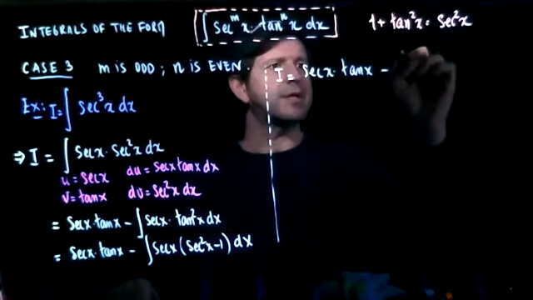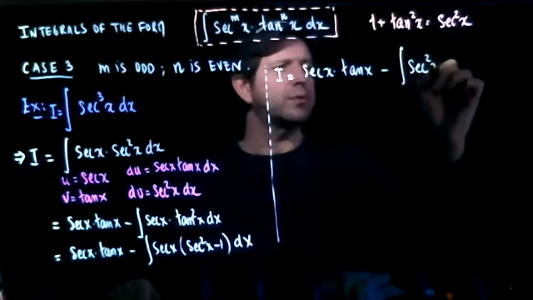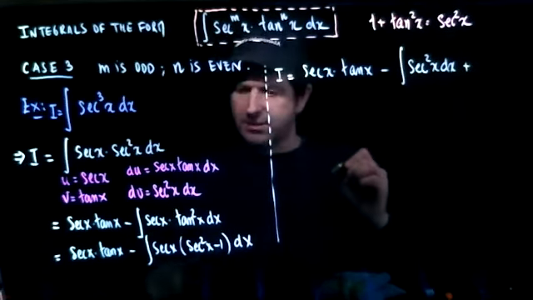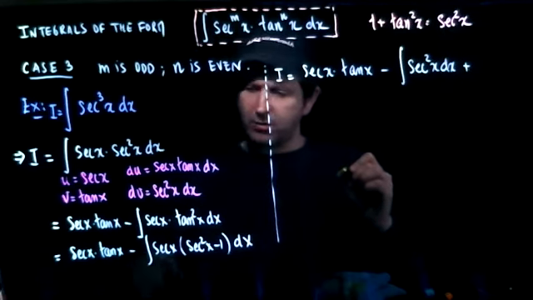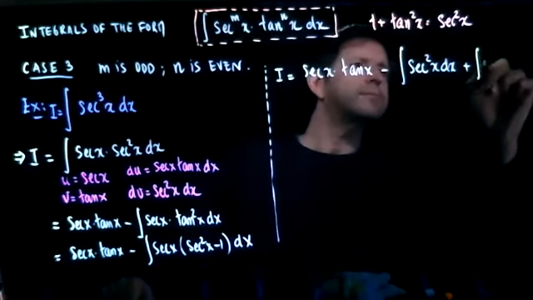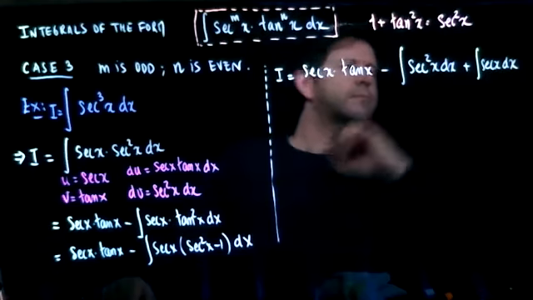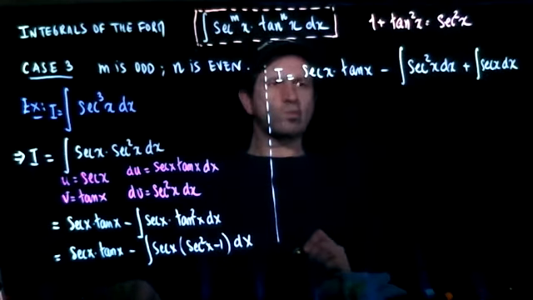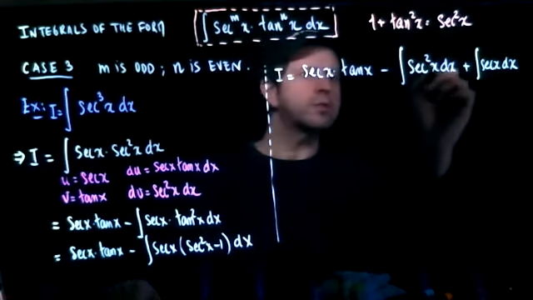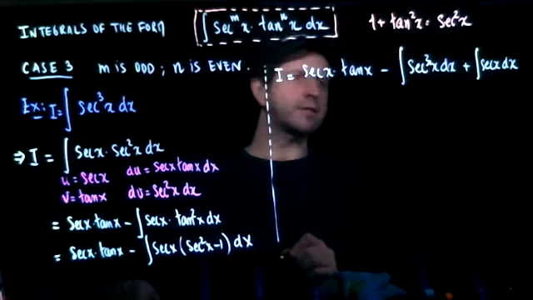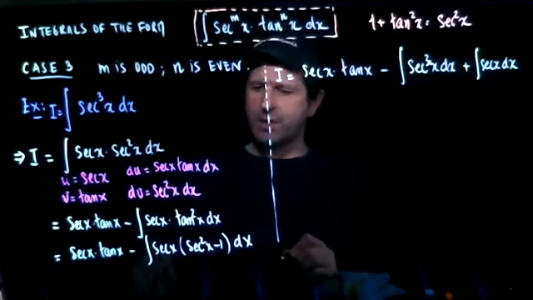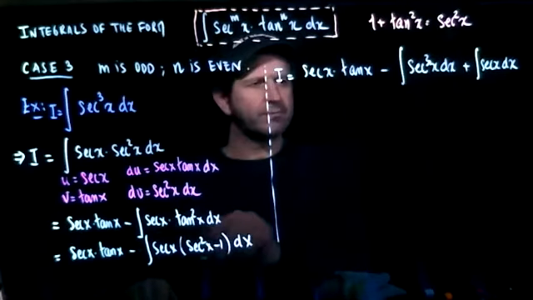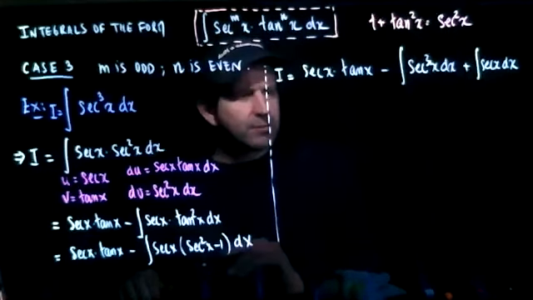I will have the integral of secant cubed x dx plus the integral of secant. It's cubed, not squared, excuse me. You're right, I said cubed, I wrote squared. It's plus because of this minus here on the bottom.